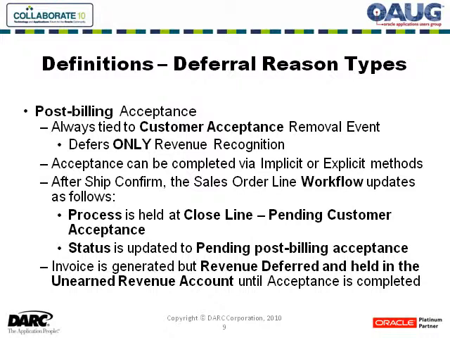The process for post-billing is held at close line, pending customer acceptance, because we're after invoicing. The sales order line workflow status is updated to pending post-billing acceptance. Again, an invoice is generated, but the revenue is deferred and held in the unearned revenue account until the acceptance is completed.